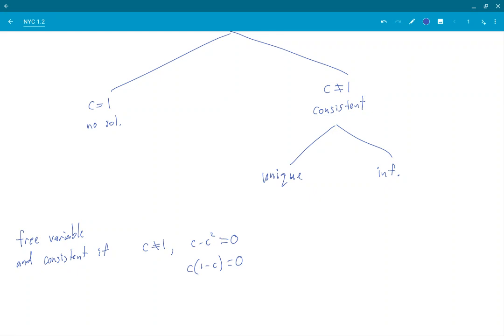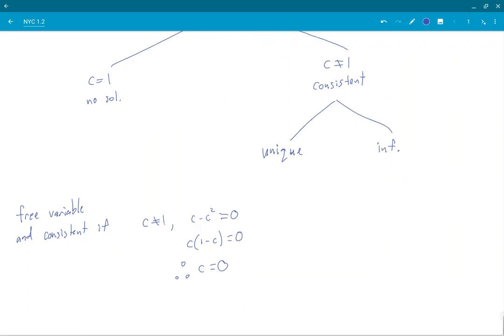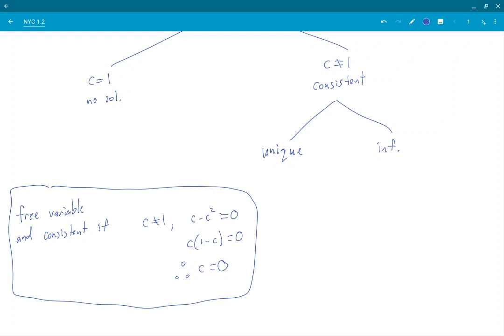Now, if I take these two things together, C is not equal to 1, but this product here is 0. How can that be? Well, C has to be 0. And then finally, so I can put that in my little diagram over here. C is equal to 0.